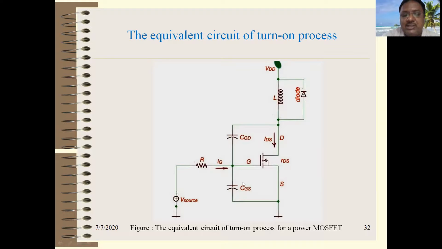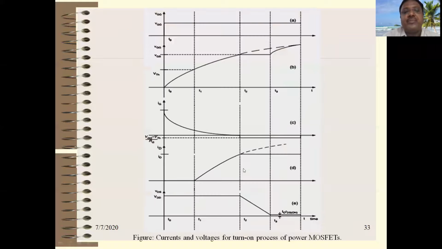Whenever this capacitor is fully charged, then the voltage will be applied at the gate of the MOSFET, right? Whatever the charging time of this capacitor, that will affect the turn on time of your MOSFET. Similarly, CGD also affects the turn on time of your MOSFET, right? So turn on time will be affected by these two capacitances.